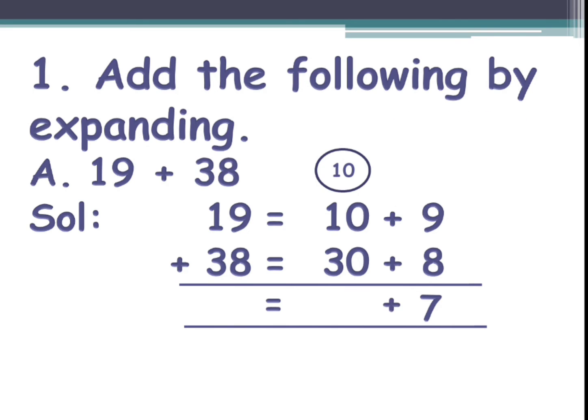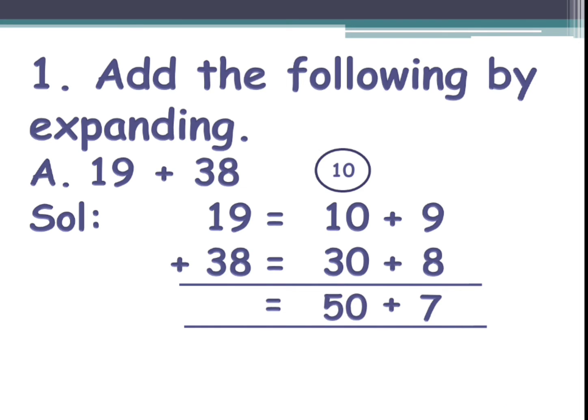Now you will place the plus symbol. Now you need to add 10 plus 10, that is 20. 20 plus 30: 20, 30, 40, 50. So in tens place you will get 50.